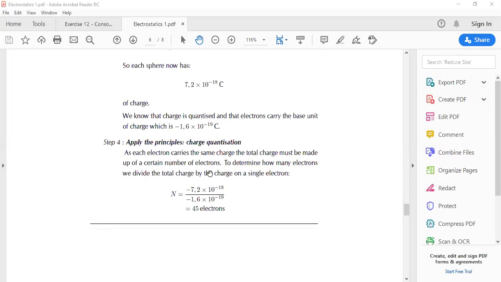Here there's a negative sign, so this one is correct. Divide by the charge on a single electron, which is negative 1,6 times 10 to the power negative 19. You divide the two answers, then your answer becomes 45 electrons. So the electrons on this charge are 45 electrons. That's how you get the answer.